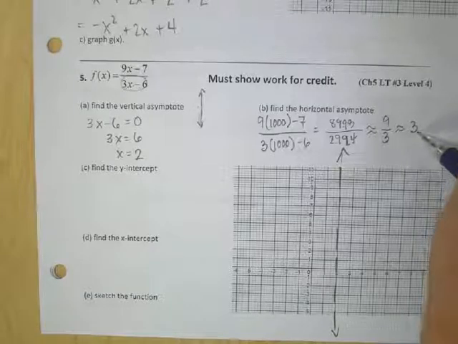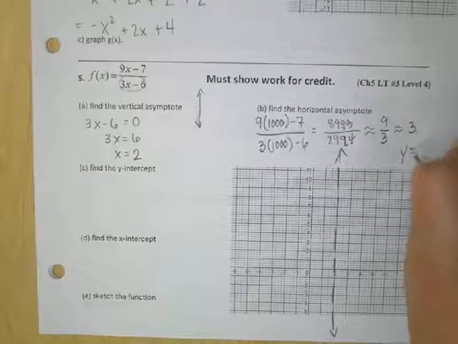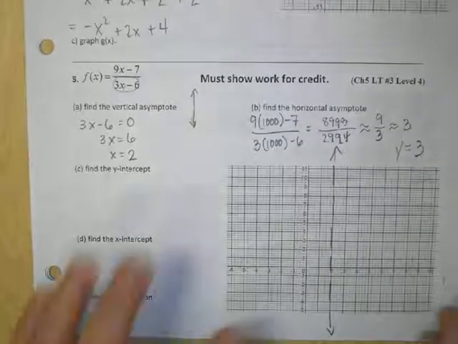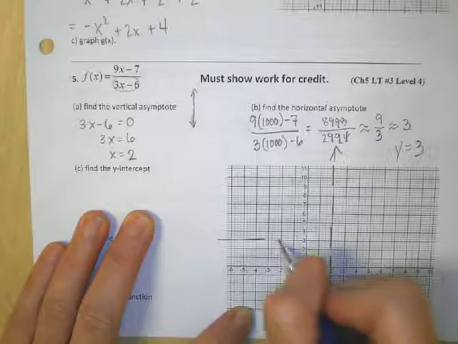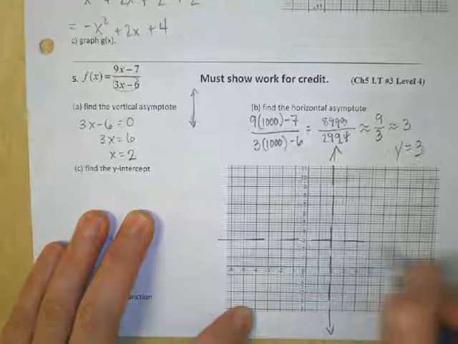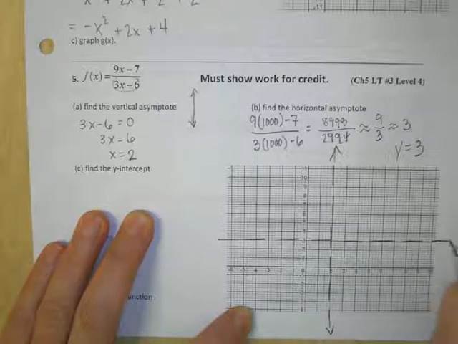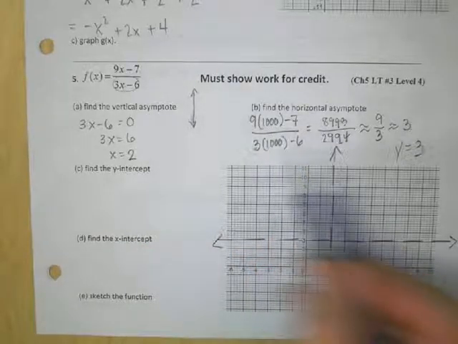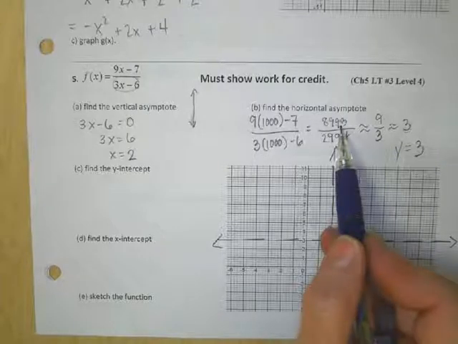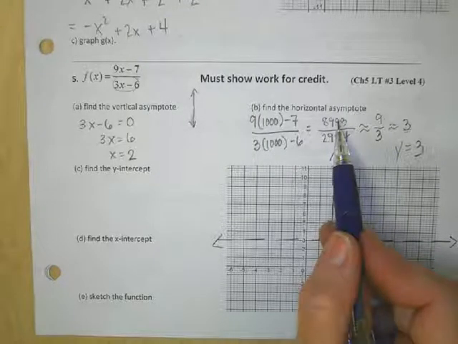So therefore, we're never going to be able to cross the line y equals 3.